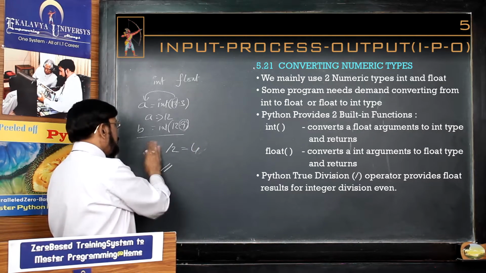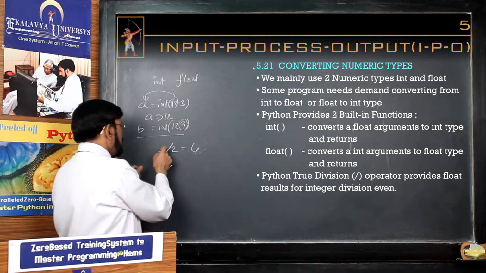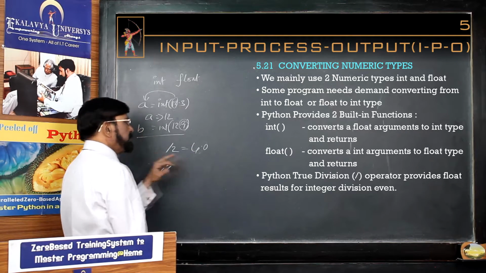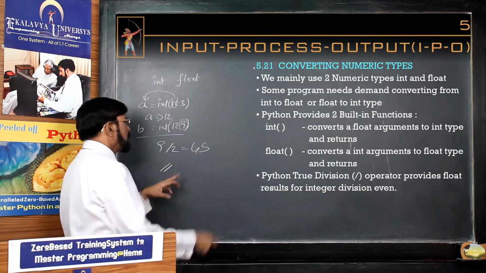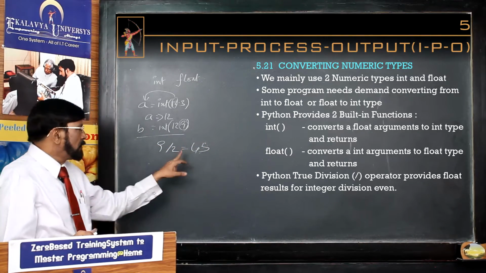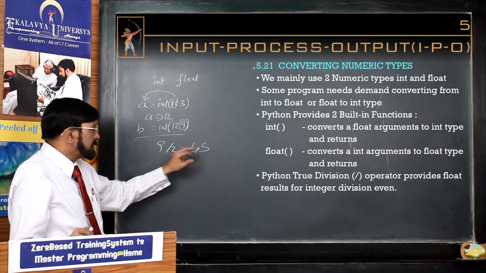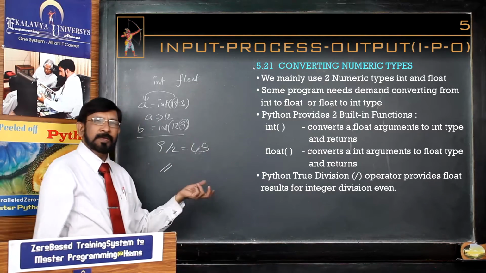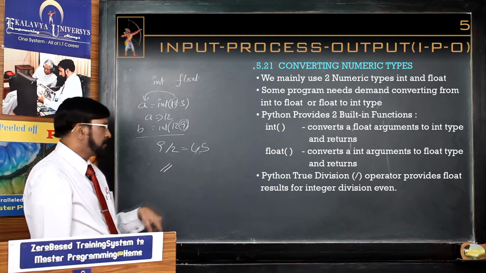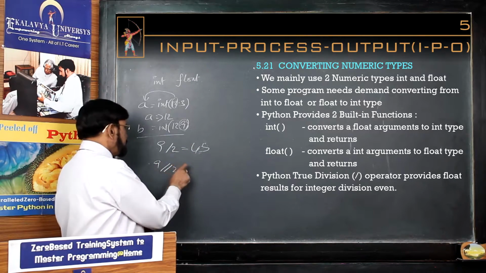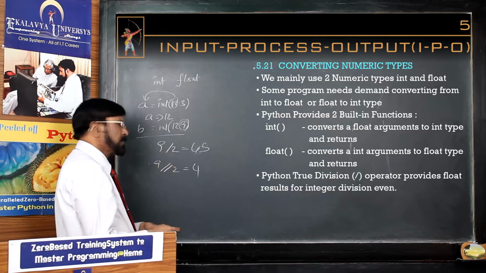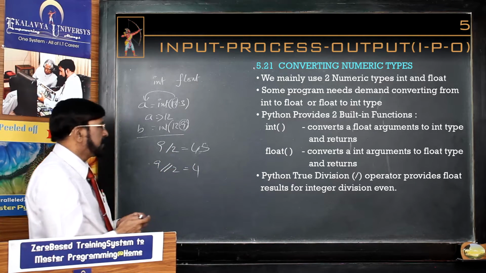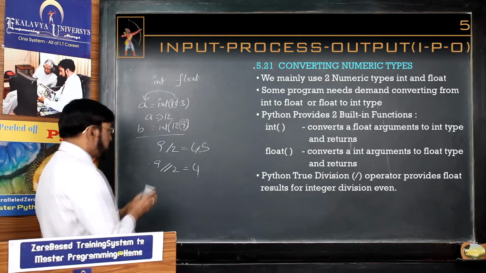But if it is 9 by 2, you have to expect 4.5. This is true division. That's why the resultant value will be float only. That point you have to understand. As far as integer division is concerned, 4 is printed. This difference also you must remember.